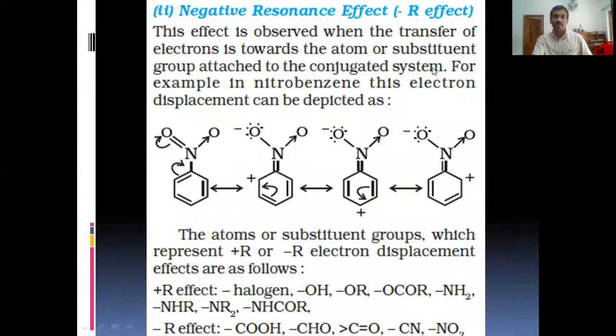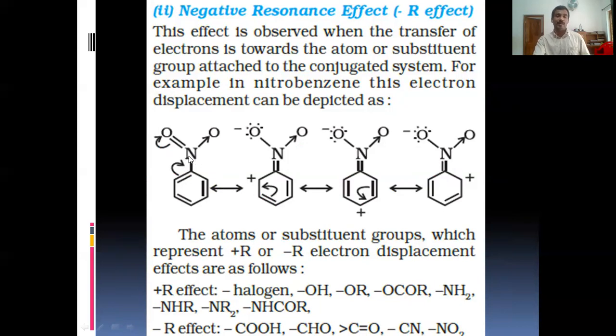Now the negative resonance effect. This effect is observed when the transfer of electrons is towards the atom or substituent group attached to the conjugated system. For example, in nitrobenzene, this electron displacement can be represented as shown here. The nitro group is an electron withdrawing group. It will attract electrons and take this pi electron from the benzene ring.